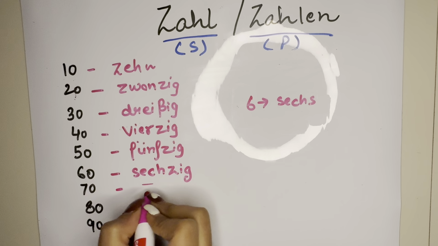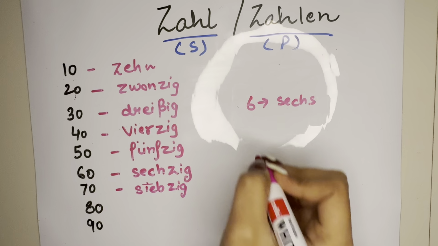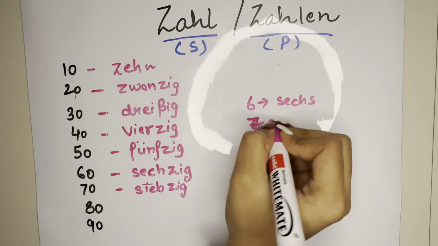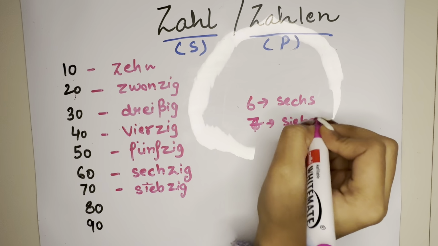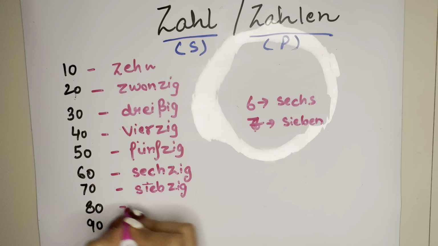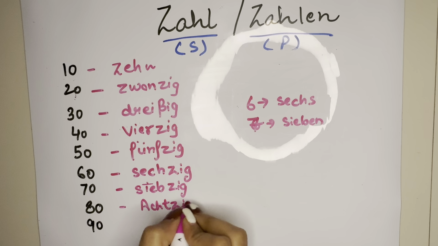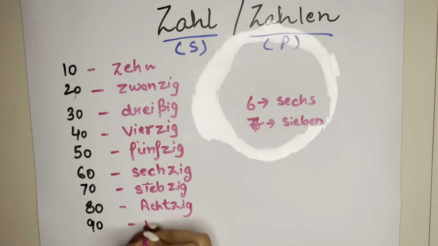Now 70, so it will be siebzig. Now again, 7 has sieben, but we did not include it here. Then we have achtzig, and finally 90, neunzig.